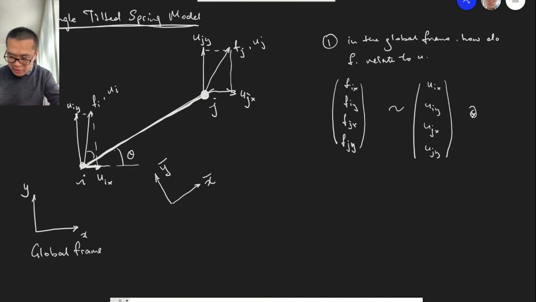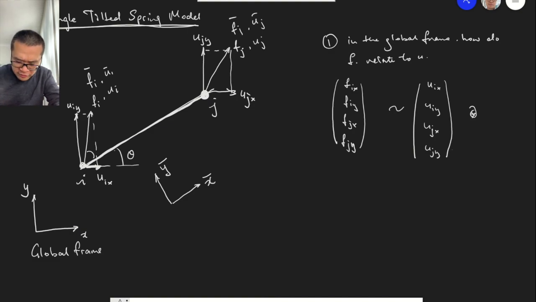So this Fi, in the internal frame, I can also write as Fi bar and Ui bar. And I can write this as Fj bar, Uj bar. No matter which frame I use, the magnitude and the direction are still pointing the same way on this whole blackboard.